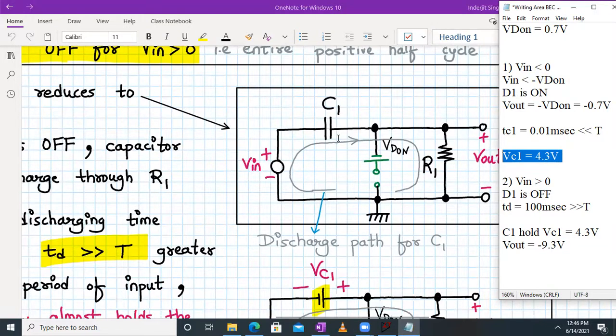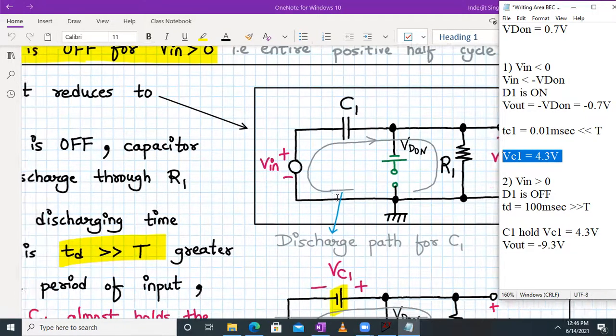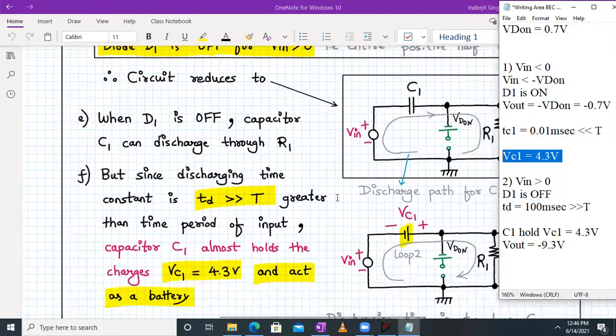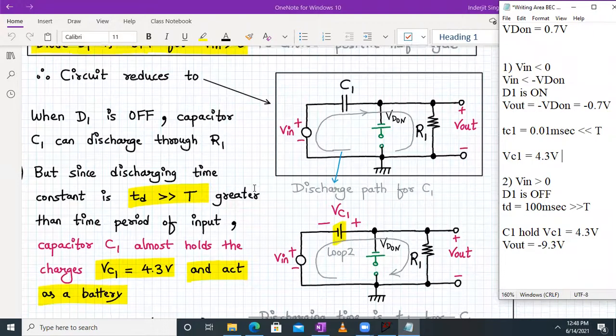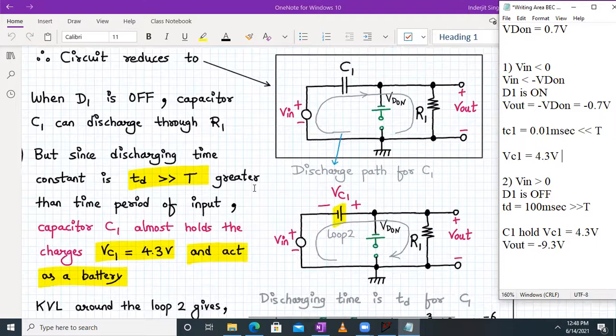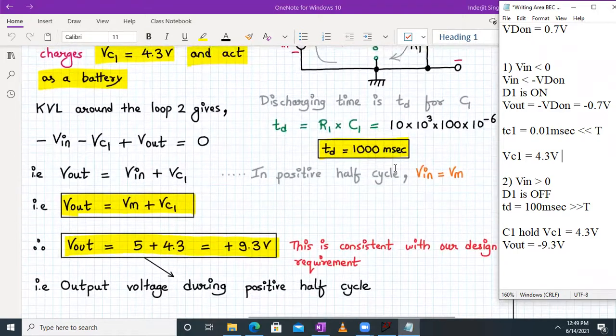The capacitor will try to discharge via the resistor R1, and this is the discharge path for the capacitor. When the diode is off, the capacitor can discharge through R1.